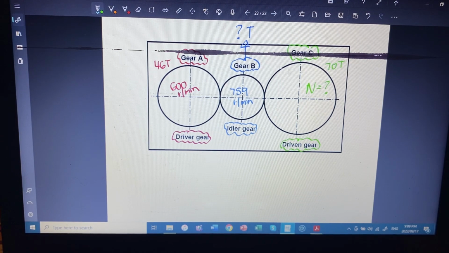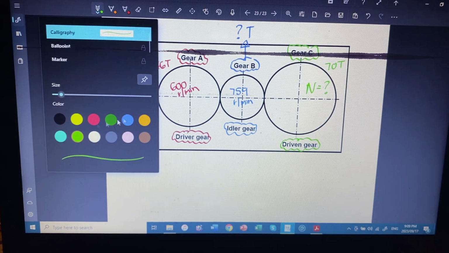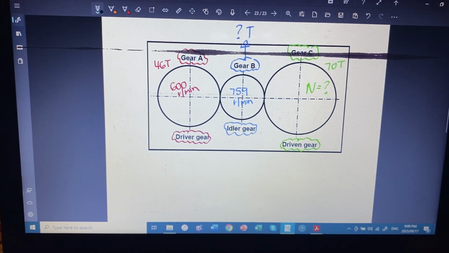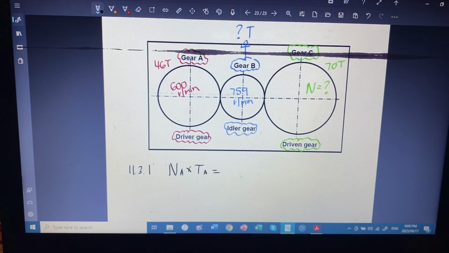And then in the second question, they want us to go and calculate the rotational frequency of this gear over here. Okay. So what I'm going to do is I'm going to go and say for 11.3.1, NA times TA equals NB times TB. I'm using A and B because I want the information of B. Okay.